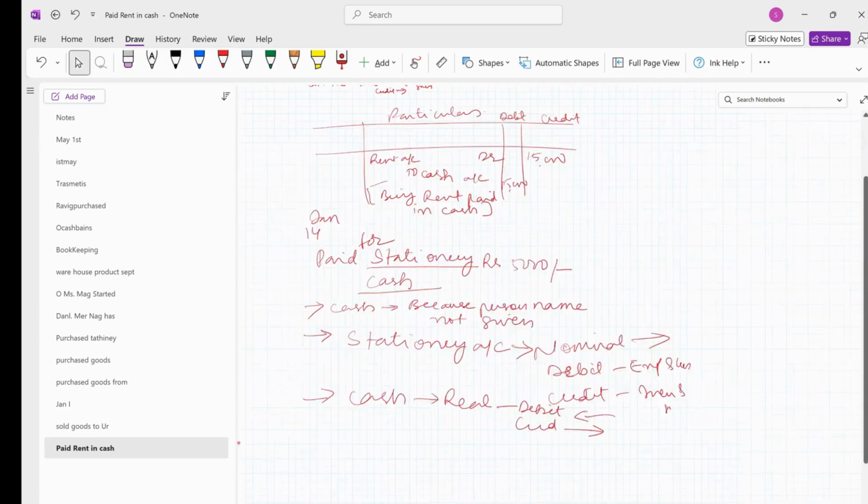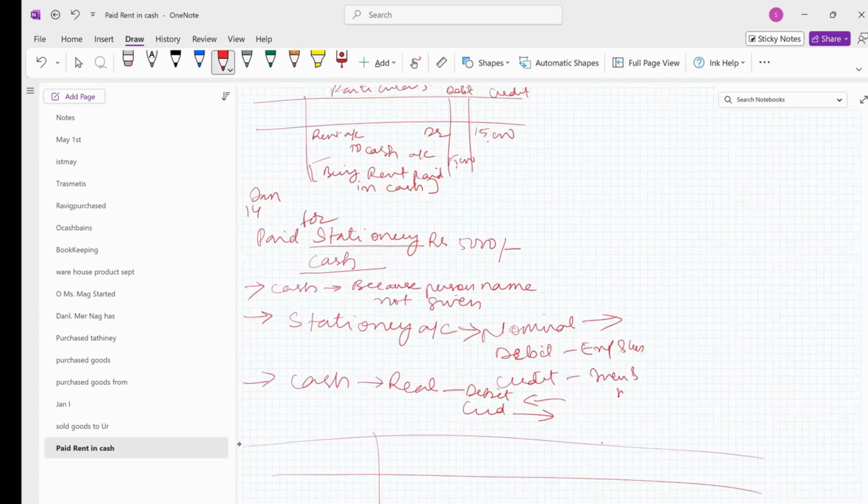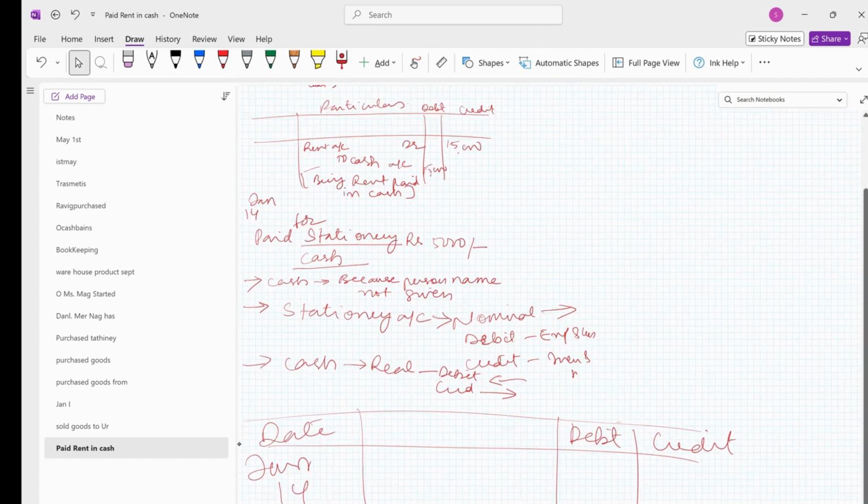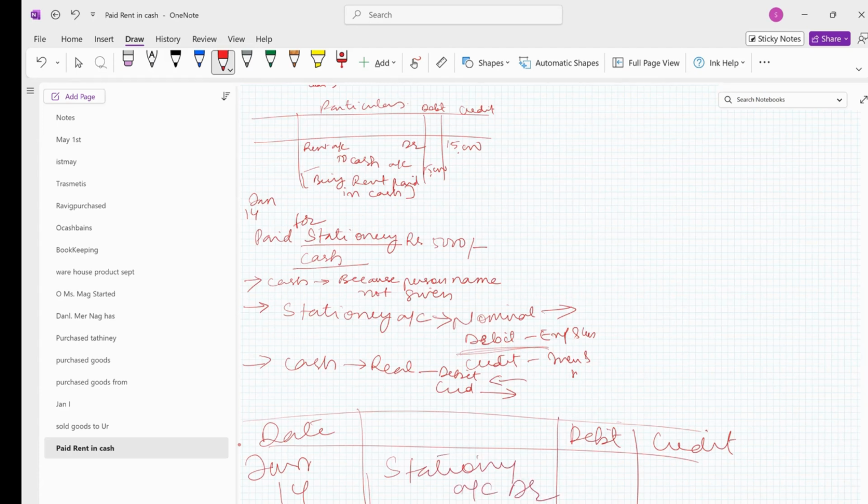Okay. So now if you write a journal entry, January 14th. Now when you are paying for stationery, it is an expense or income? Expense. So all expenses should come in the first line. So what you'll write here? Stationery account debtor to.